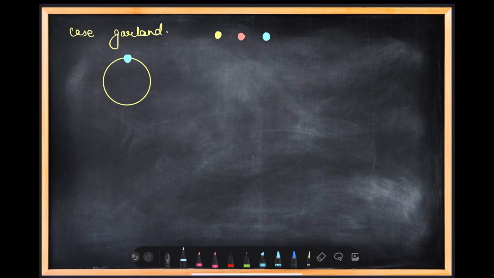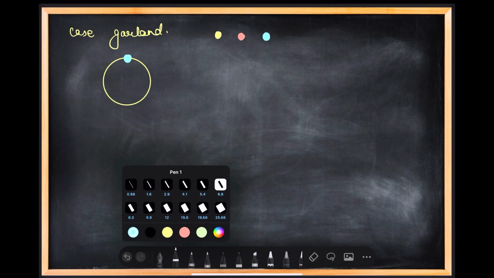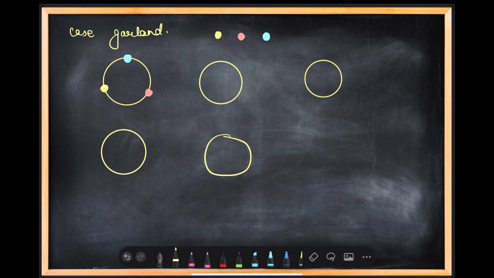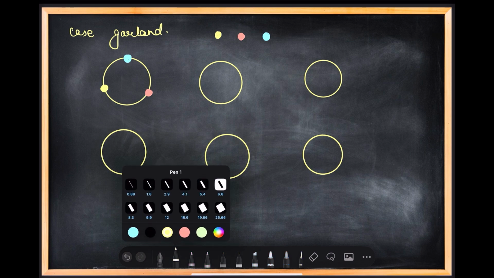Now you know that it is being arranged in a circular way, so let's find out all the number of ways. So look at this. This is one of the ways. Now try to observe this case.